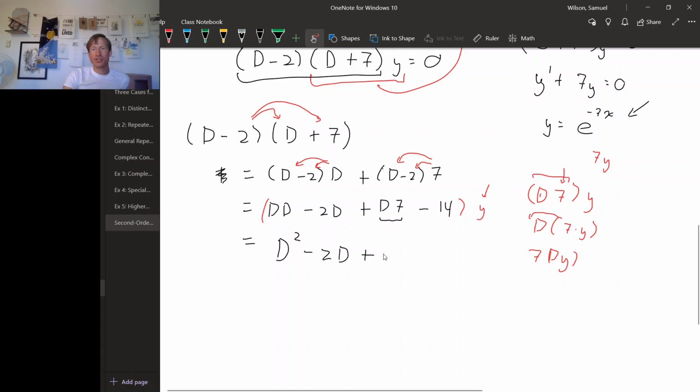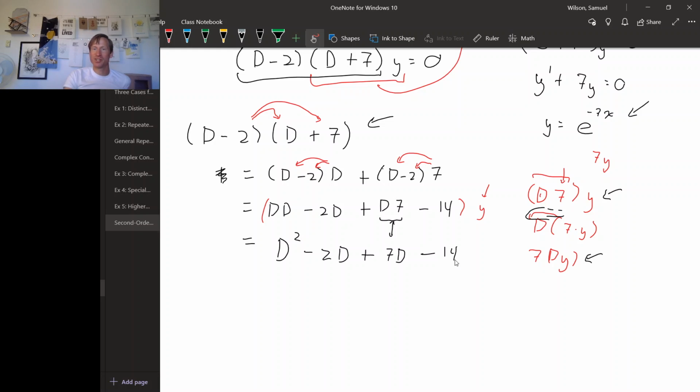So this D7 term is actually the same as 7D, because right here we have D7 and here we have 7D. So these are actually the same. And right here where we moved this 7 outside the derivative, this is where we are using the fact that this differential operator is a constant coefficient differential operator.